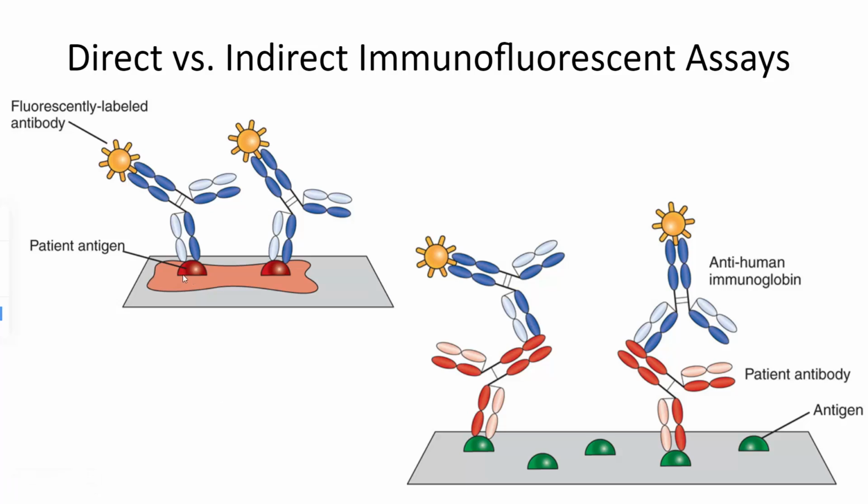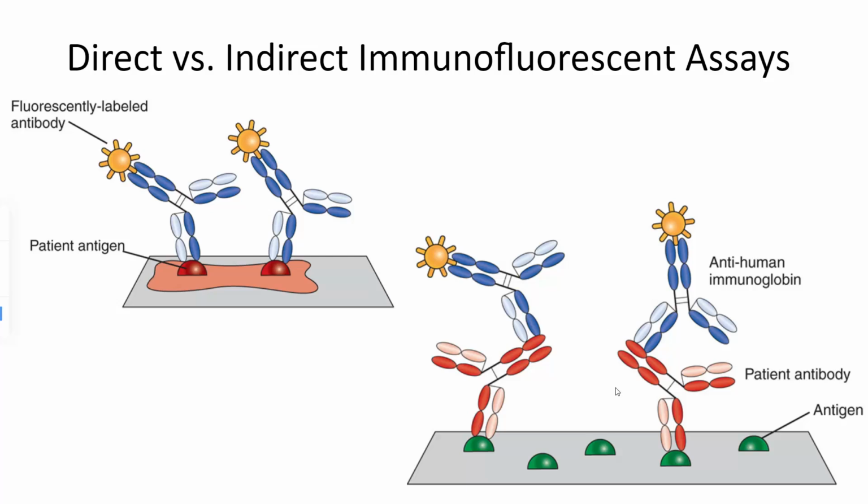We have patient antigen on the slide, and then we directly add a fluorescently labeled antibody. We wash off any unbound antibody, so if the antigen is present, it'll stick and it won't wash away. If the antigen is not present, it'll wash away. If it's stuck, this fluorescently labeled antibody will start to fluoresce, and we can detect that in a fluorescent microscope.